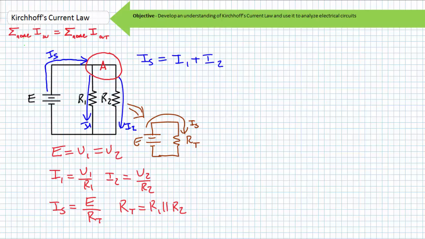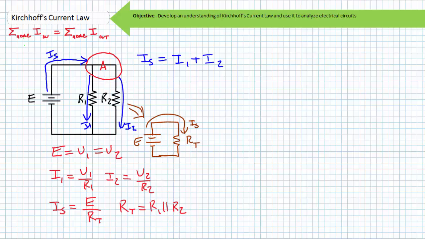Given that resistance is defined to be the measurable opposition to current, one can expect a larger amount of this incoming current to travel through the path presenting the least opposition, and a smaller amount to travel through the path presenting the most opposition. Current should flow through paths inversely proportional to their resistance. We'll return to this statement in a later lecture using a shortcut called the current divider rule. Regardless of the division of outgoing current between these two paths, all incoming current must leave, no more, no less. IS must equal I1 plus I2.